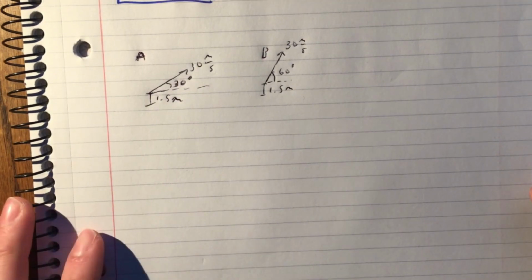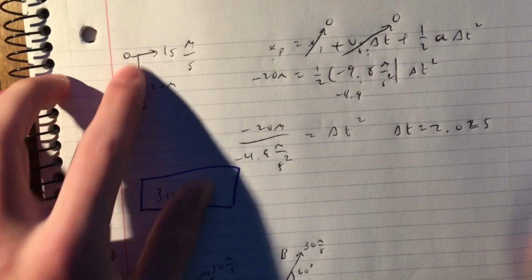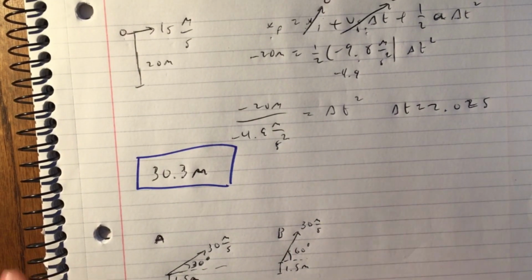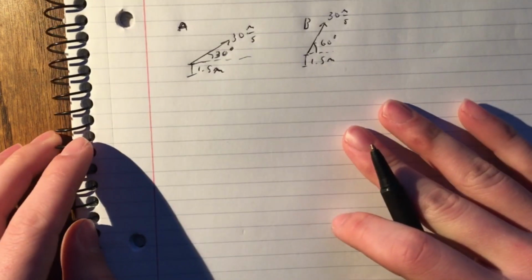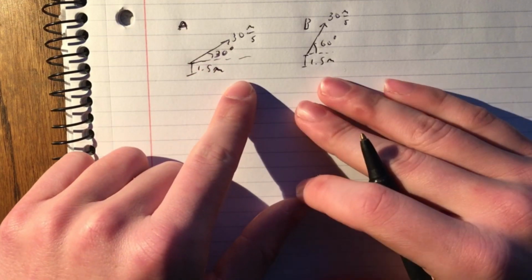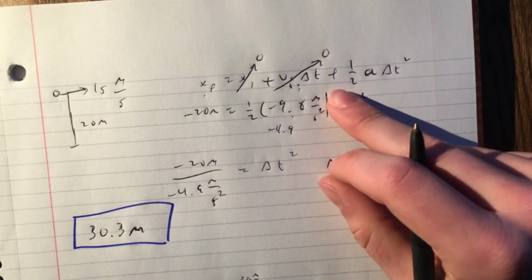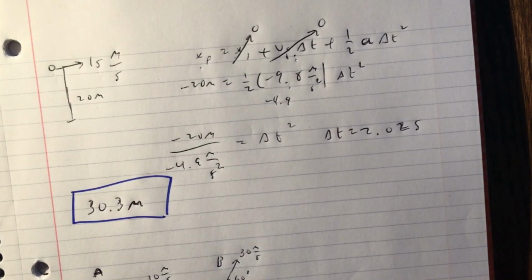We have to find the displacements of the arrows. We can do this by finding the horizontal distance that they travel. So first, just like in the last problem, the only way that we could find horizontal distance traveled is finding the time it took to travel that distance, because we don't know the time that the arrows are in the air. So what we need to do is use the same kinematics equation and then plug all the variables into it.